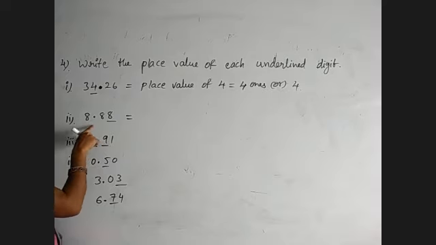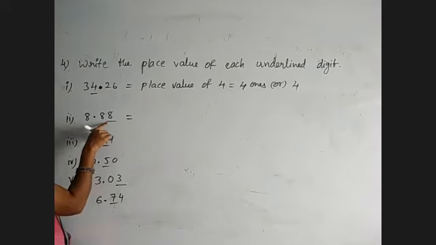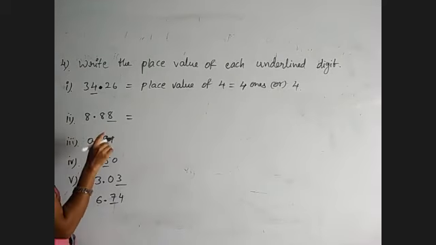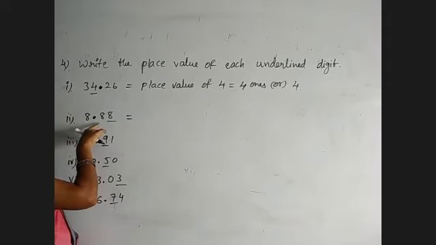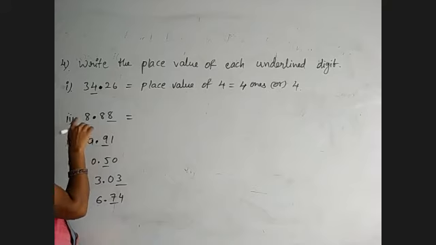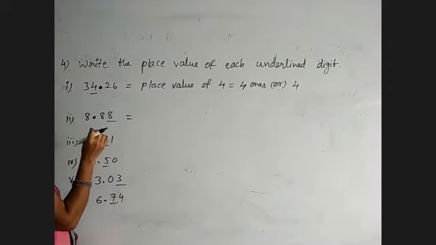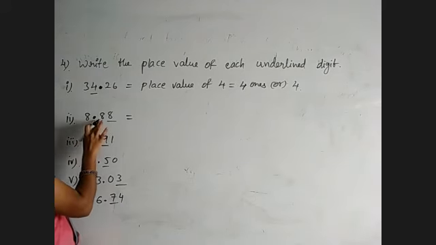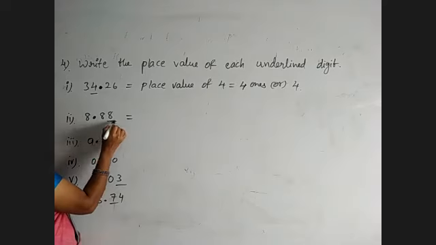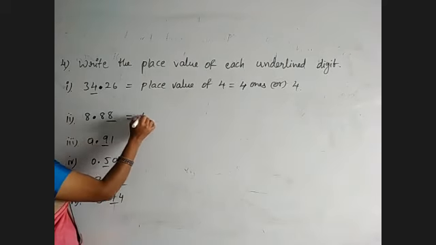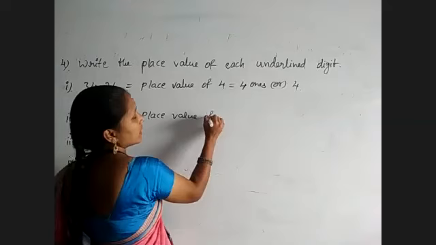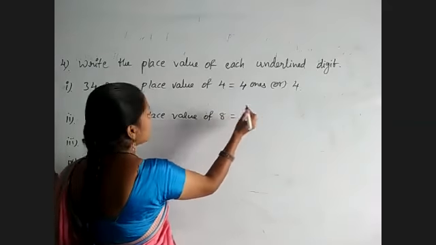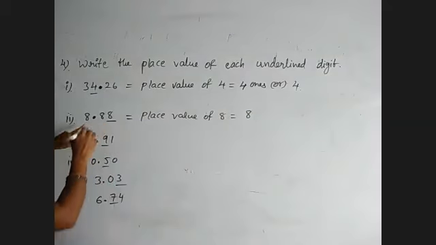Now coming to this number, the place value of this 8. All the digits are 8 only, but here they are asking about the 8 in the decimal portion, the second one. After the decimal point, the places are tenths, hundredths. So they are asking: the place value of 8 is equal to, 8 is in which place?